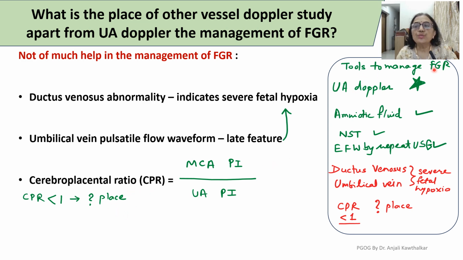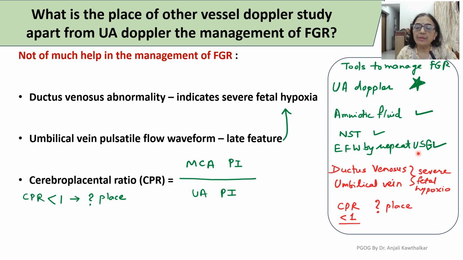So regarding tools to manage fetal growth restriction, I have given a star to the umbilical artery Doppler. Most important, most precious, most useful. Amniotic fluid assessment also helps us in management. Non-stress tests and biophysical profile do help us. For estimated fetal weight, as I said, repeat ultrasonography every 3 weeks.